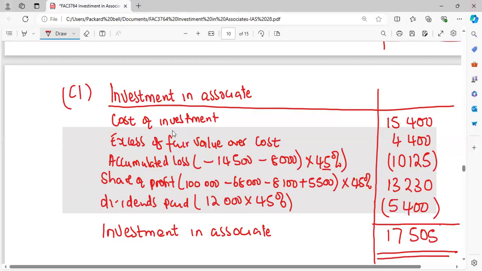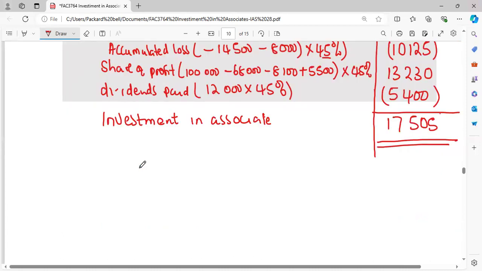Then when you have this calculation, the last calculation that you need now is the share of profit. So this is going to be your C3, share of profit.